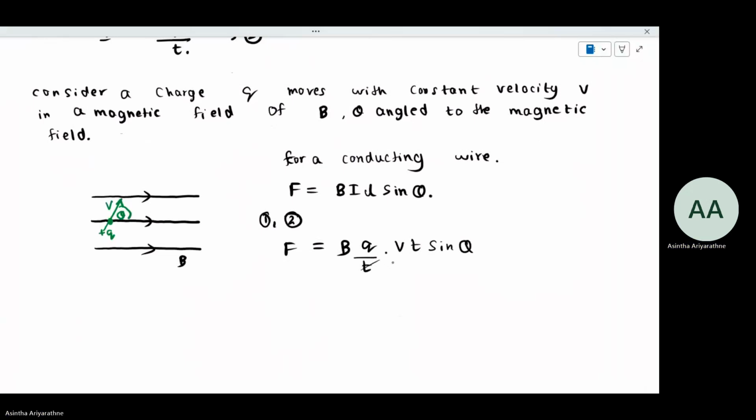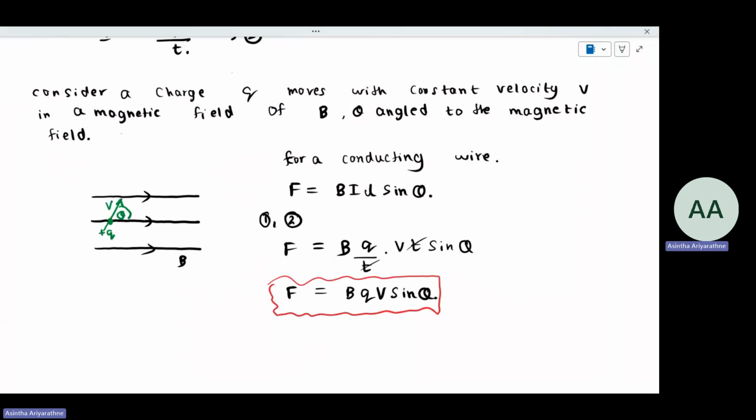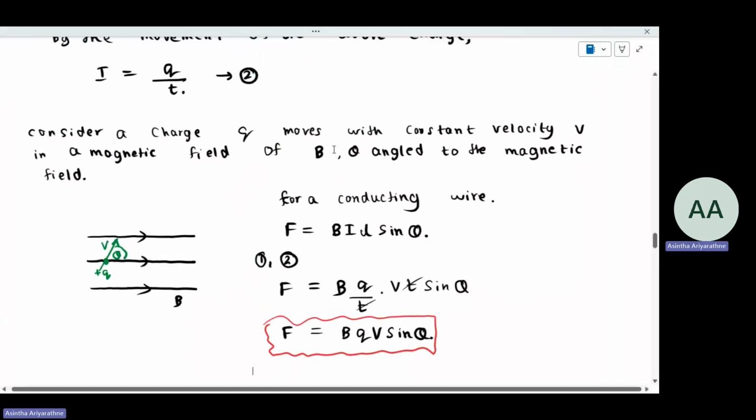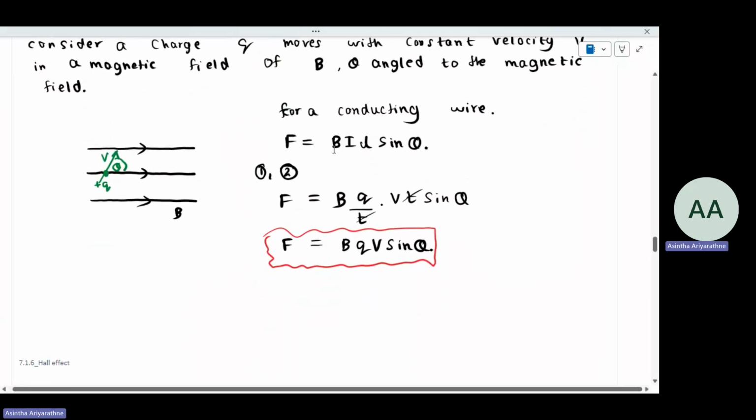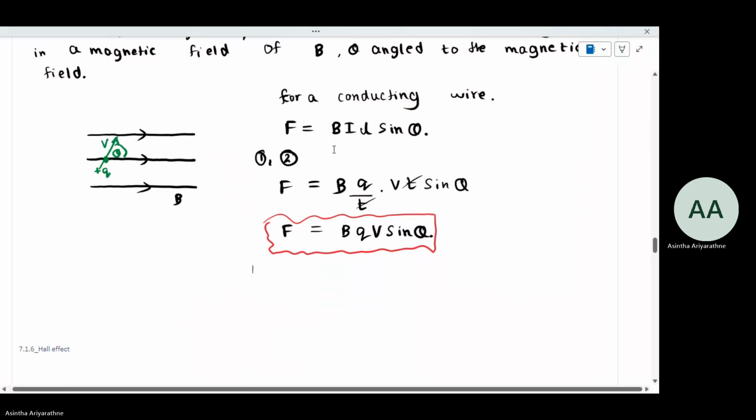T gets cancelled out. F is equal to B Q V sin theta. This is the force acting on a charge traveling at velocity v, at theta angle to the magnetic field.